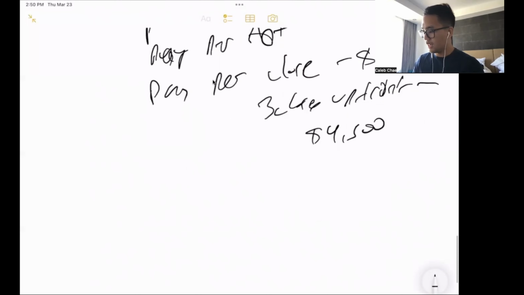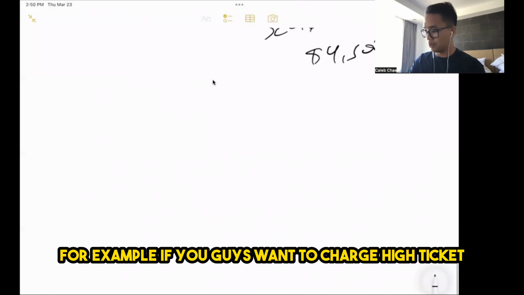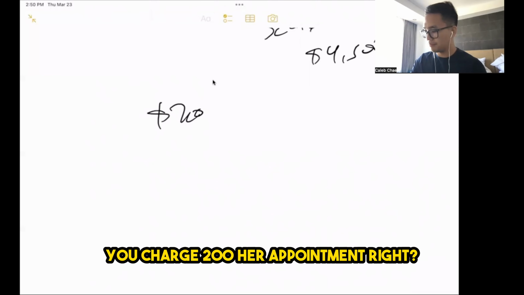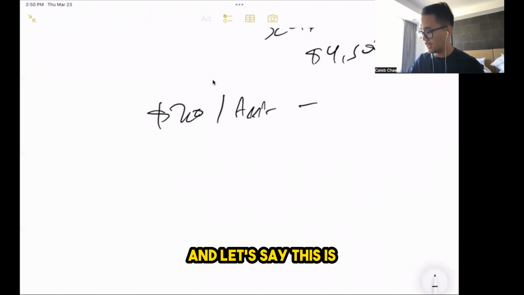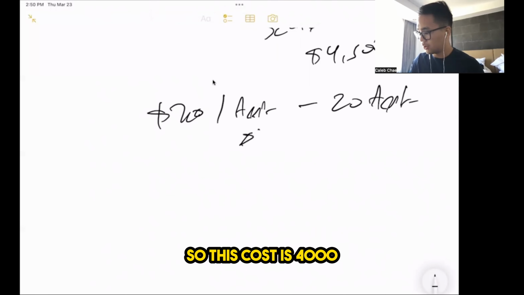And if you guys want to charge high ticket, let's say that you charge 200 per appointment, and this is a 20 appointment package, so this cost is 4,000.